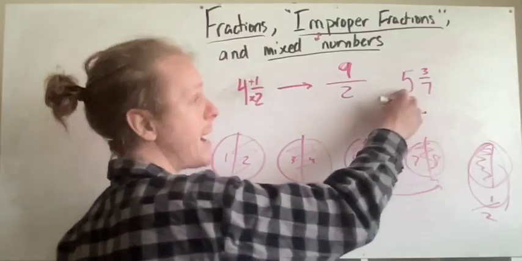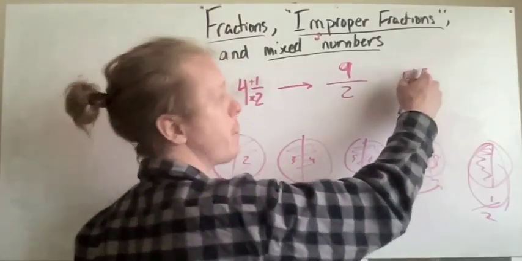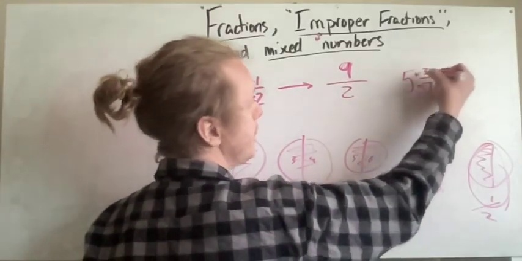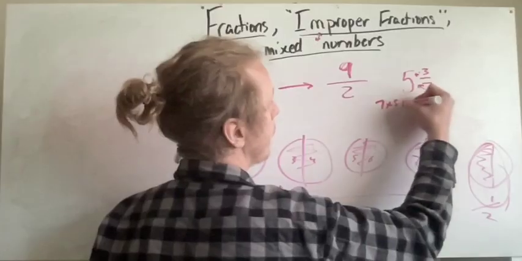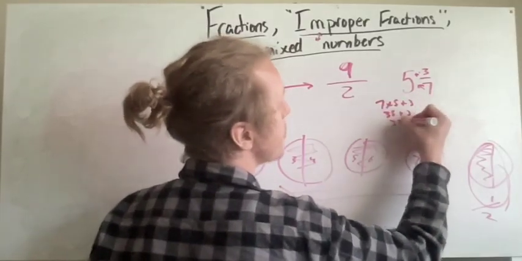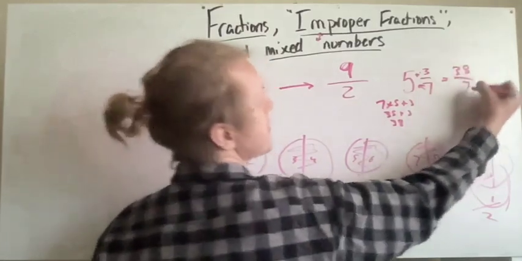So 7 times 5, that'll get me 35 sevenths, plus 3 more, right? 7 times 5 plus 3, that's 35, plus 3 gets me 38. Okay, so this would be equal to 38 sevenths.